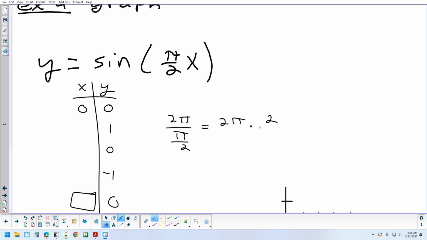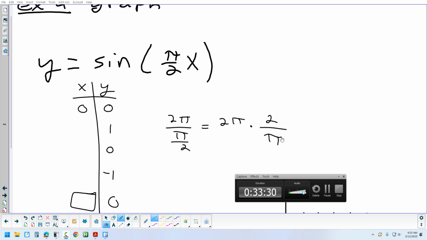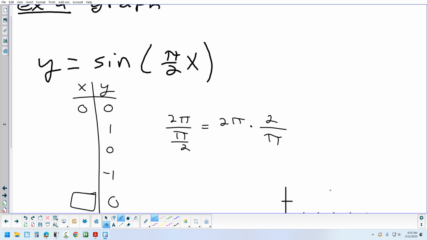Now we're going to multiply by the reciprocal. Okay, so instead of dividing by the fraction, we're going to multiply by the reciprocal. And what's going to happen when we multiply there? Pi's are going to cancel out. There's one in the top, one in the bottom. And what do we end up with? 4.